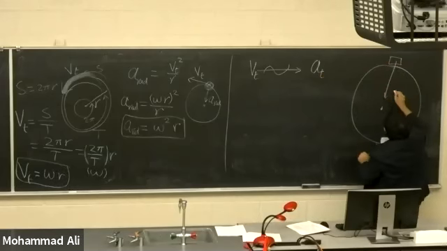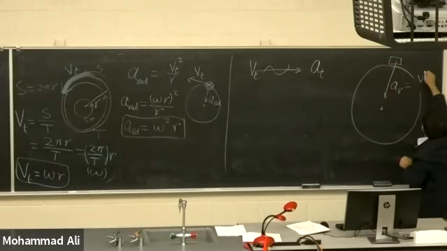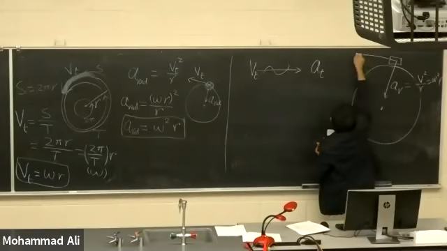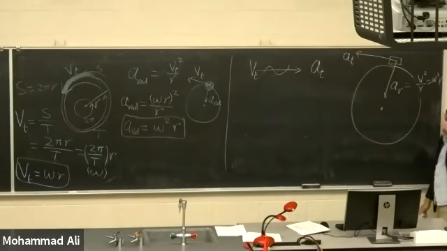We have a radial, which is equal to v squared over r, which is equal to omega squared r. And we have also acceleration in the tangential direction.